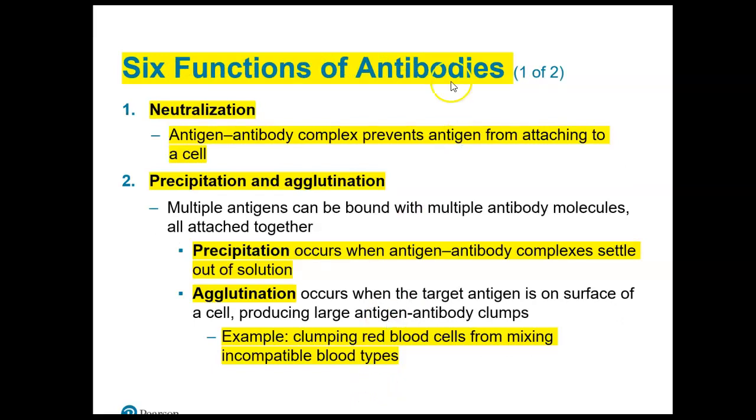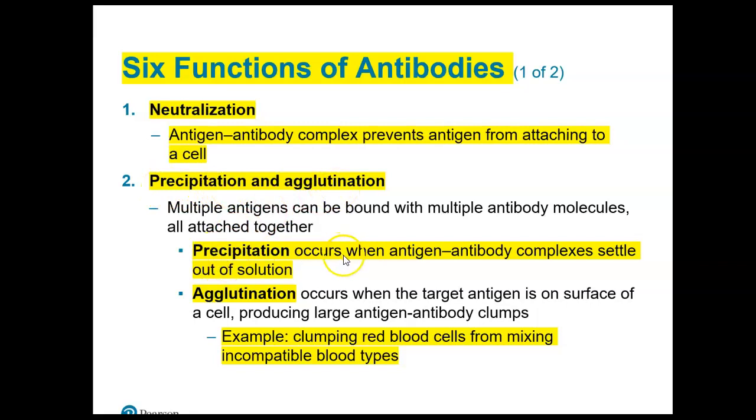Now, 6 functions of antibodies. So this is how they actually work in our immune system. First is neutralization. Once the antigen and antibody form the antigen-antibody complex, that prevents the antigen from attaching to a cell. So it neutralizes it. The second thing is precipitation and agglutination.